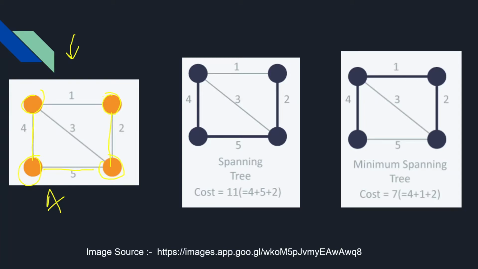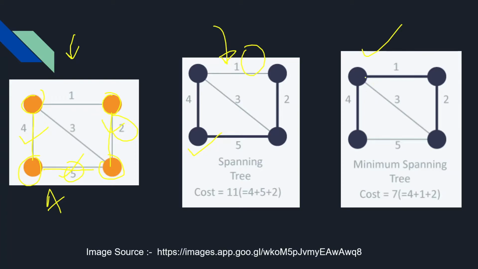And the conclusion that we made, that the number of edges should be v minus 1, has also been considered, as we can see that the number of edges is v minus 1. So the cost of this graph will be 4 plus 5 plus 2, which is 11, which is also displayed using this figure. But we can see that this is not the minimum spanning tree because there also exists a graph which has a lower cost than this spanning tree, which is this one.